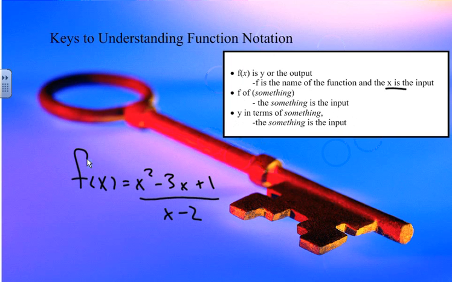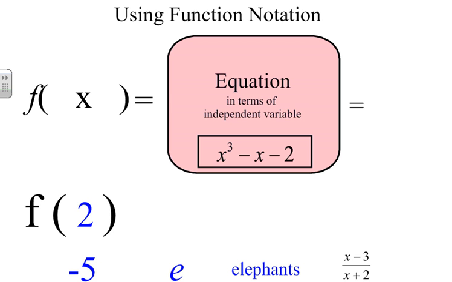All right, well, let's use an example. Using function notation, what we have is f of x equals, and now we have this equation. Generally we have equations or numbers. When we have that, we're saying that f of x is our function. Its entirety is the output that we're talking about. We're referring to usually the equation.